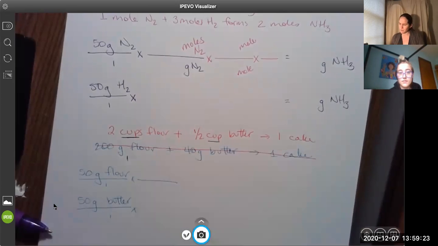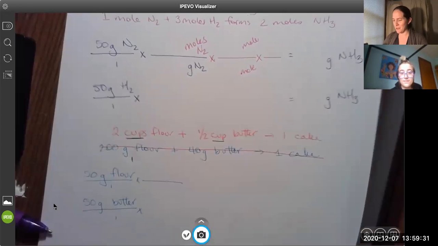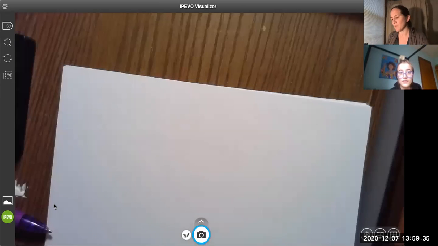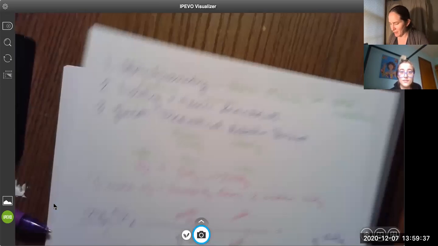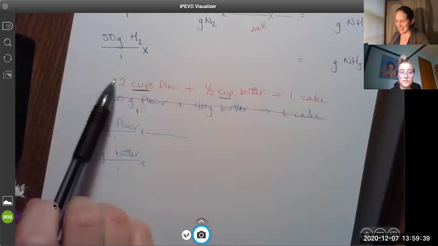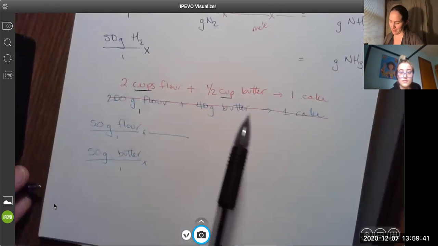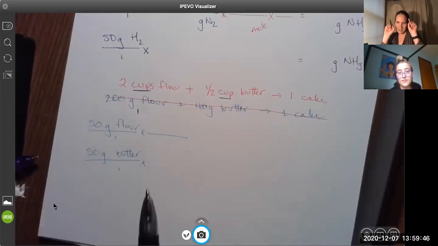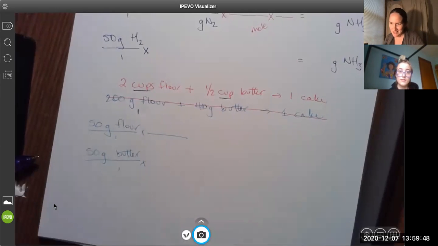And I think that's where it got a little bit off. If we're thinking about it in cups, we can do it this way. We think about it in cups: 2 cups of flour and a cup of butter make cake-ish. And we're kind of going between units here.